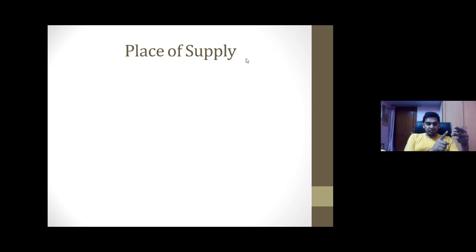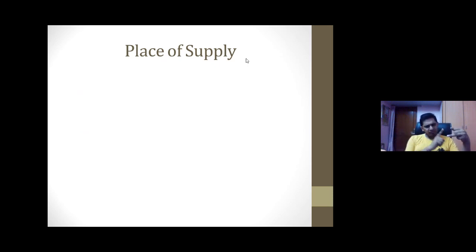Now the next question is, which tax is to be paid, IGST or CGST and SGST? Or rather, which state should the tax go to? Rajasthan, Delhi, Maharashtra, UP, MP. We have to determine that, because there are so many states involved in many cases.